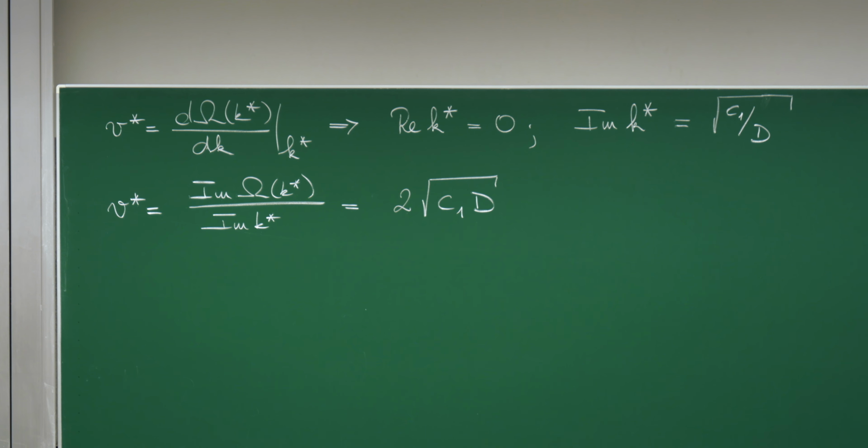And now that we have that, we can look back into our table and just read off what C1 is in terms of mu and sigma.